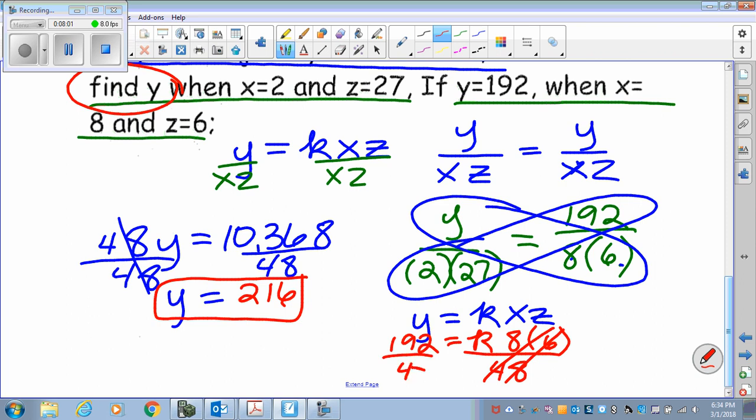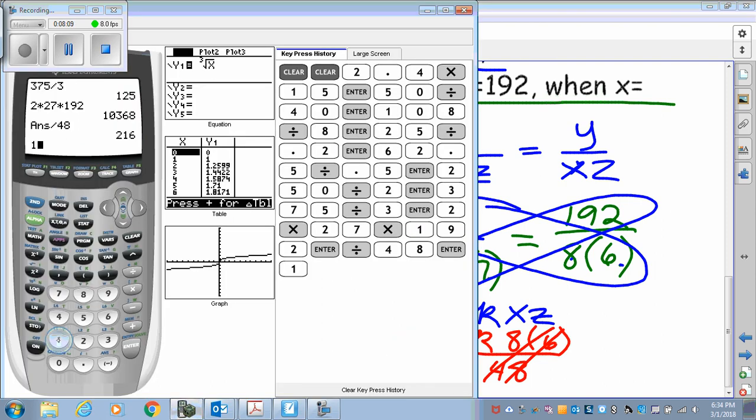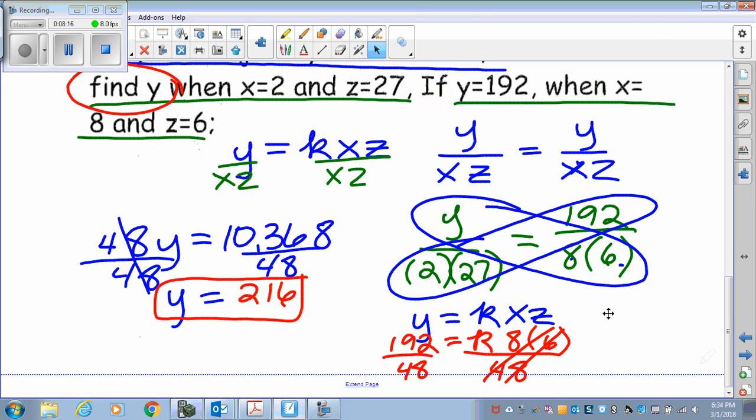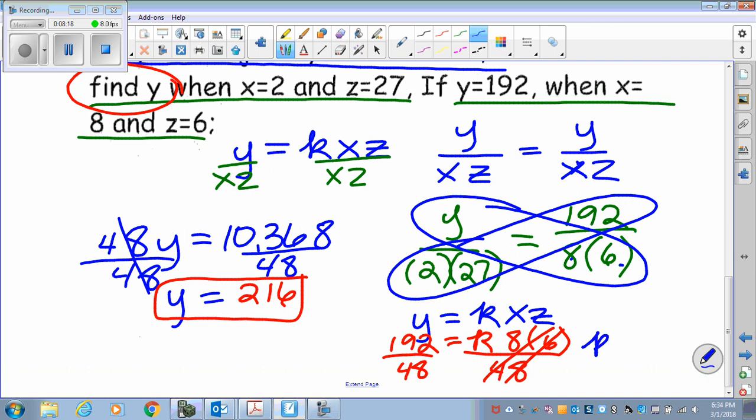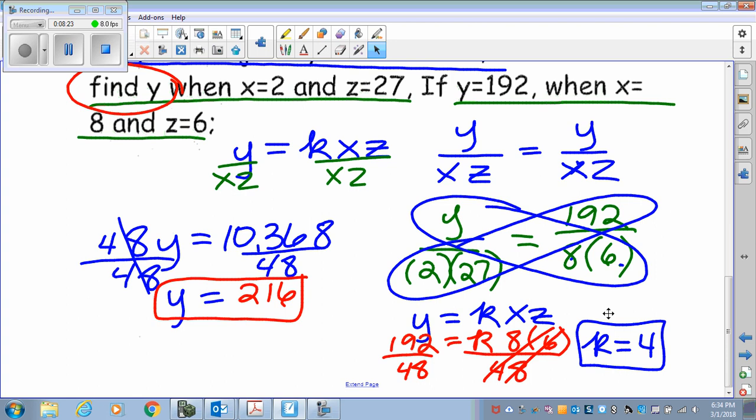So 192 divided by 48 is 4. So my constant of variation there, k, is equal to 4. So if you know an x and a y and a z, you can always find k, the constant of variation. All right, excellent, very good.